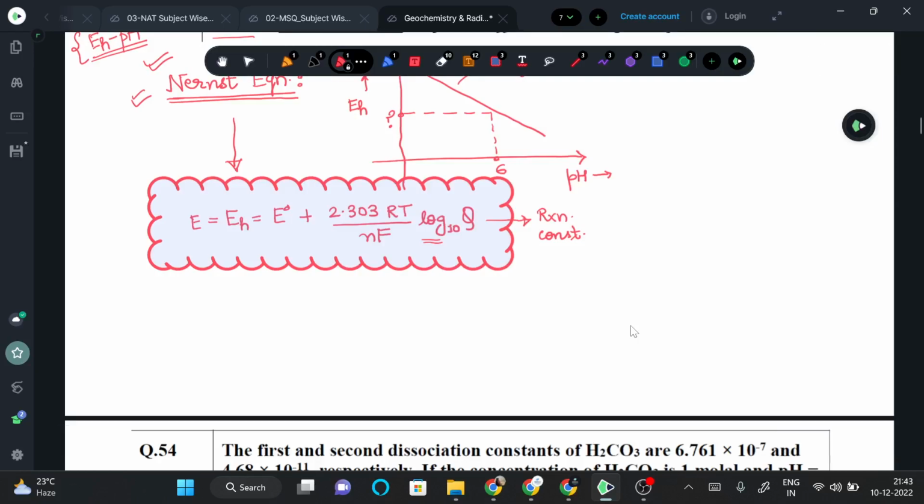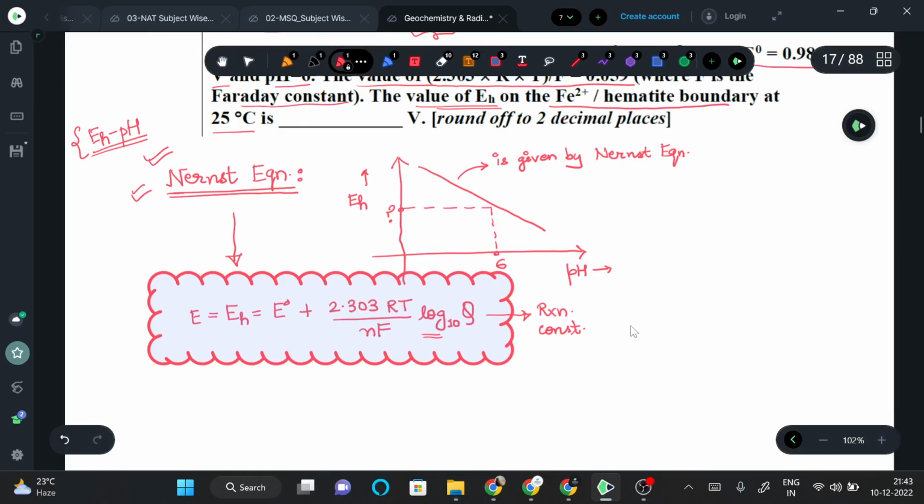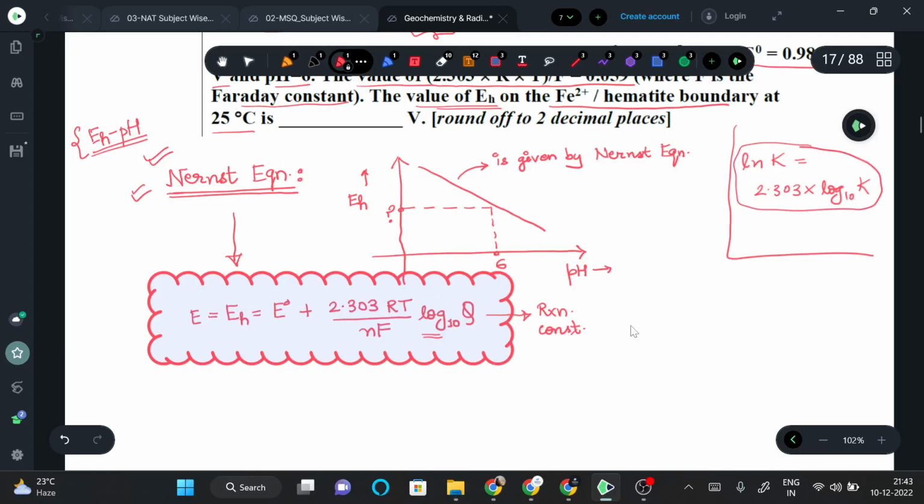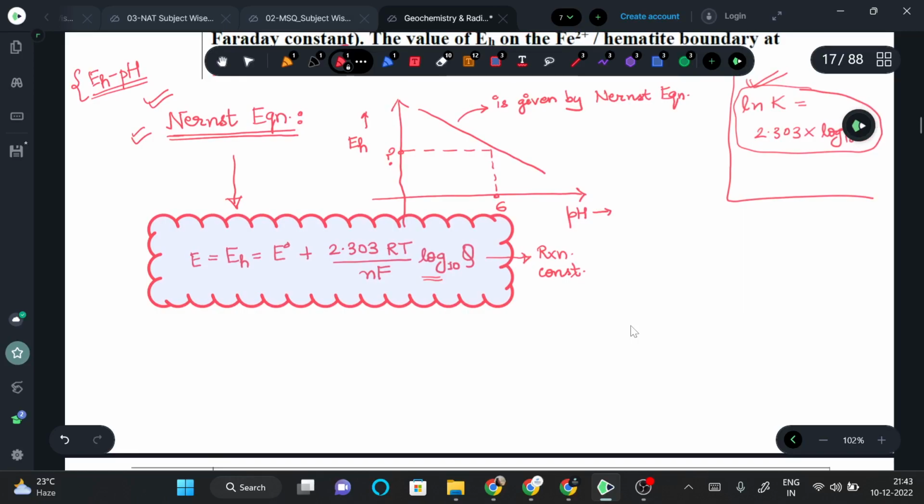You have to remember this thing: ln K is nothing but 2.303 into log K, log base 10 K. ln is log base e. This is the basic log concept, so you must remember it. If you have 2.303, then you will write log base 10, you will not write ln. Okay, so this is the Nernst equation.